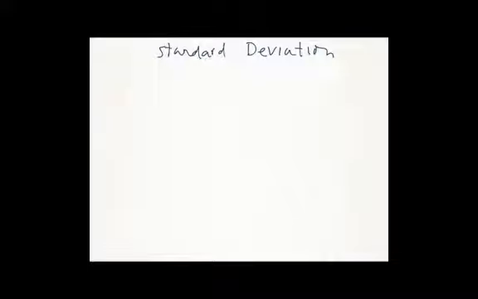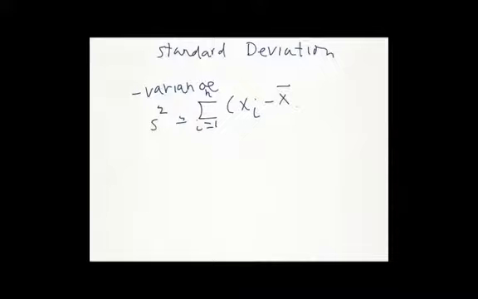Okay, so the formula for the variance is as follows. s squared equals, same as before, the sum from i equals 1 to n, but here's where something changes. x sub i, those are our data points, minus x bar, remember that's the mean, squared, divided by n minus 1.